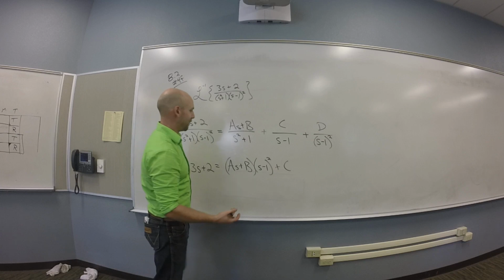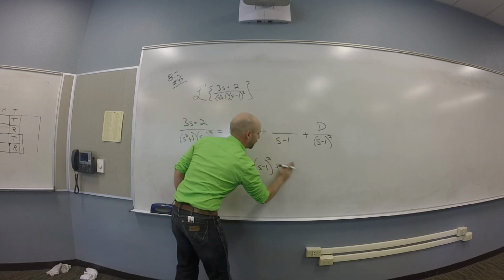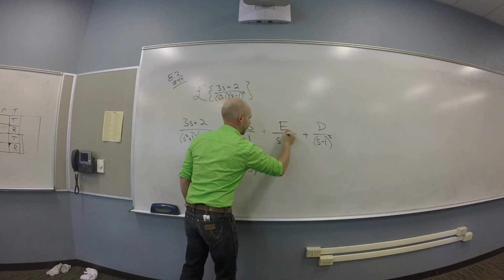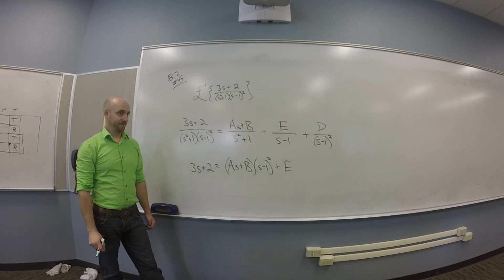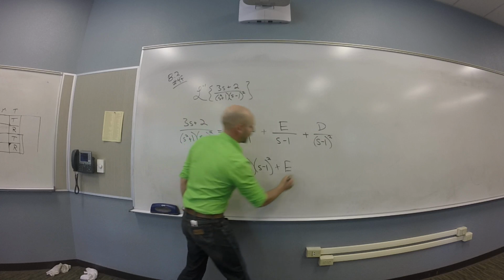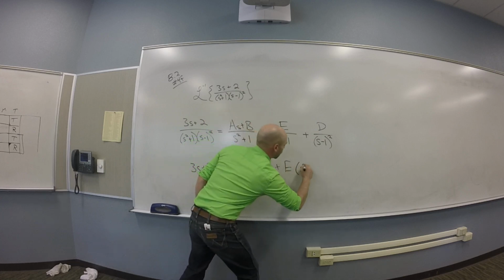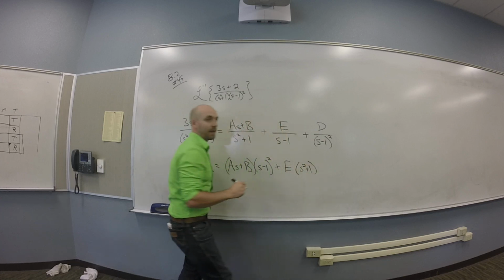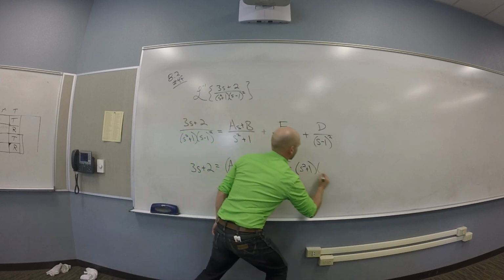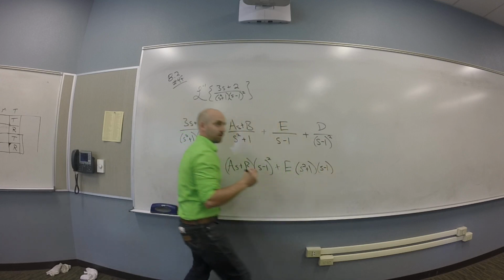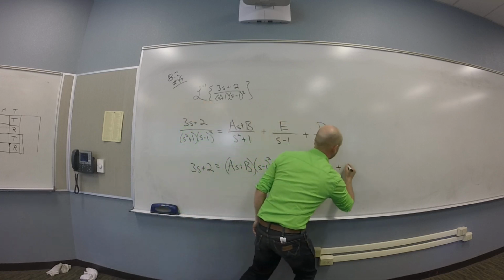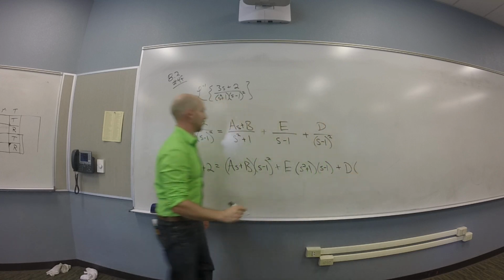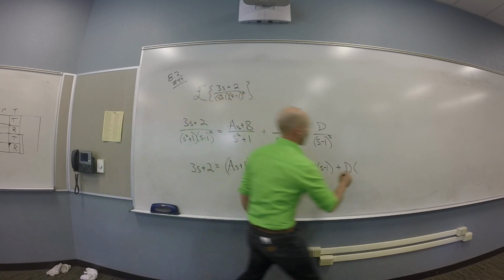C is such a crappy variable choice. I'll change that to an E. And that needs an s squared plus 1 and an s minus 1. Guys with me on that? Okay, and then this last dude needs an s squared plus 1, just an s squared plus 1.